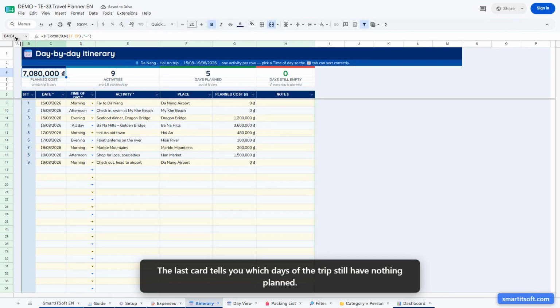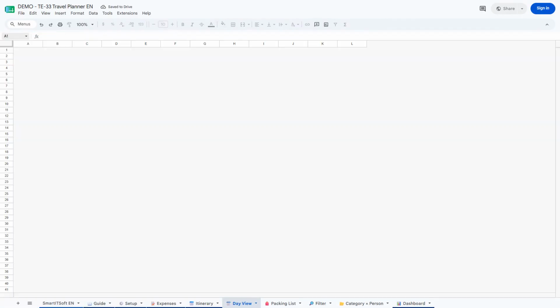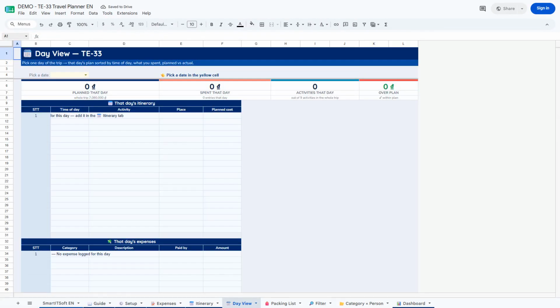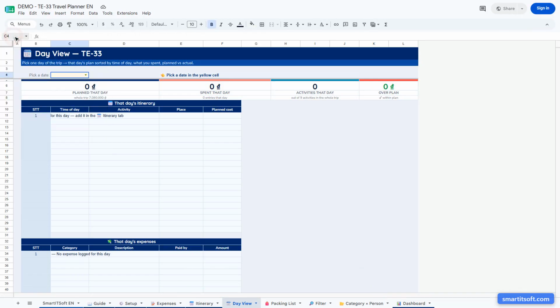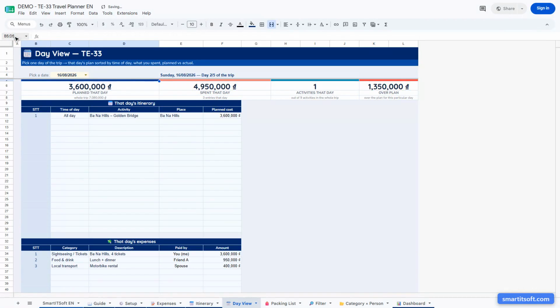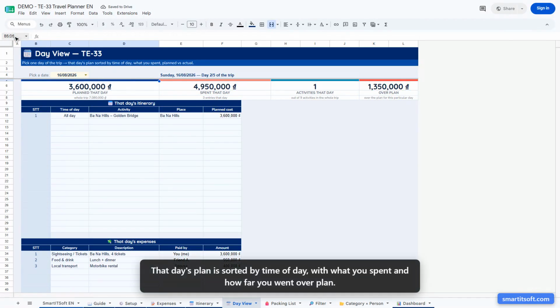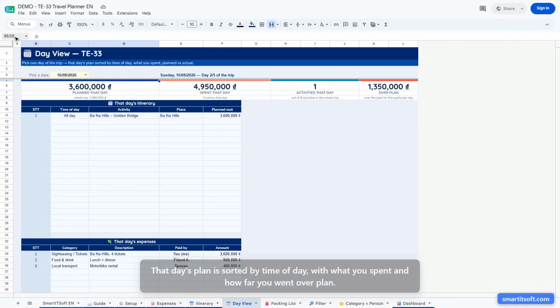The last card tells you which days of the trip still have nothing planned. Step 4. Pick one date and see just that day. That day's plan is sorted by time of day, with what you spent and how far you went over plan.